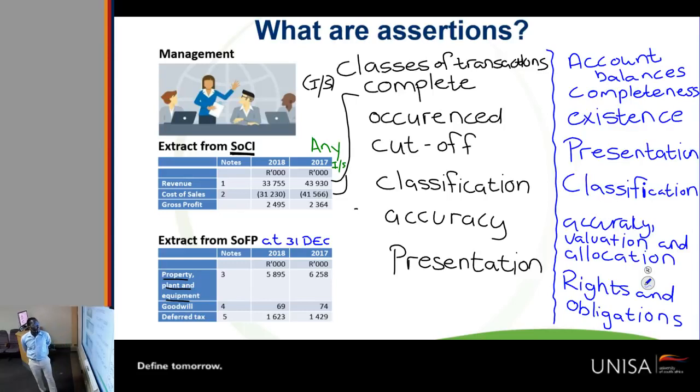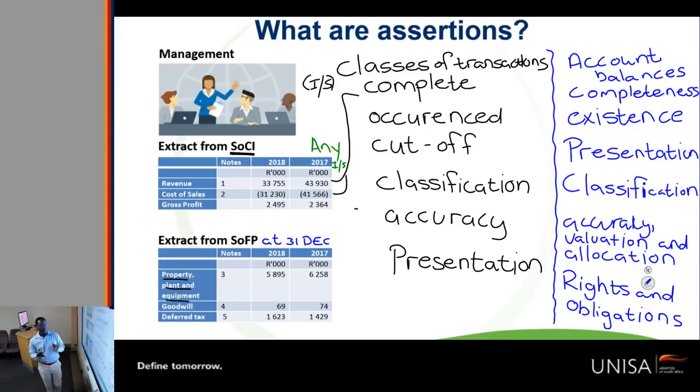In preparing those financial statements, management claims that the amounts in the statement of comprehensive income are complete, they have occurred, they relate to the correct period being cut off, they've been classified correctly, they are accurate, and they've been presented adequately. Those are the claims when transactions have been recorded in the statement of comprehensive income.